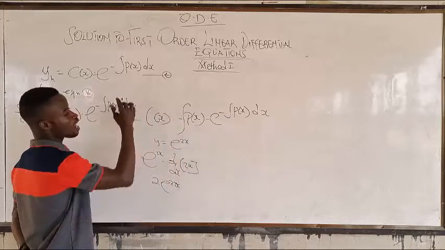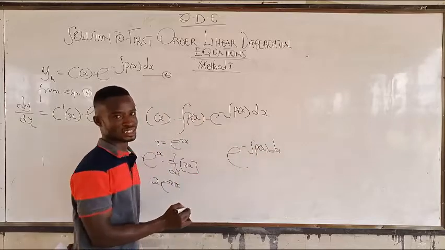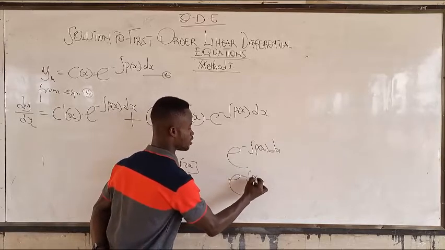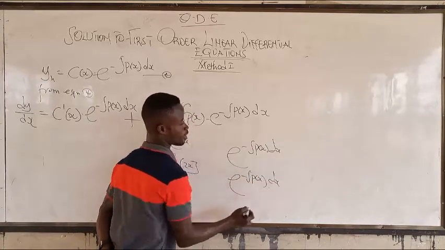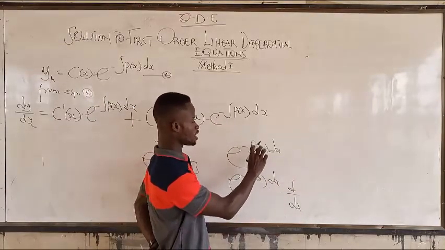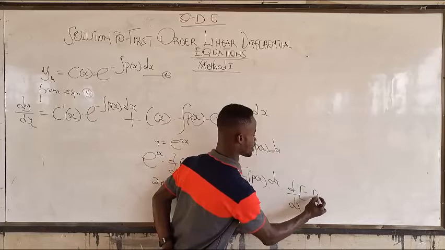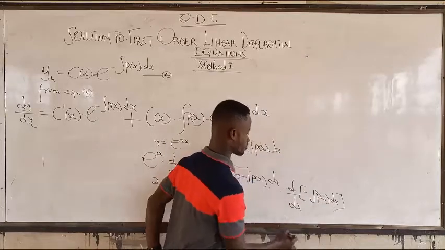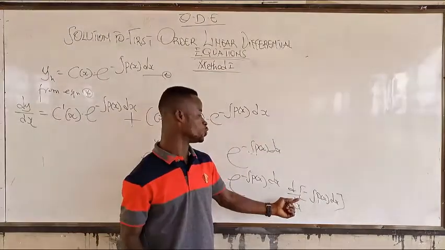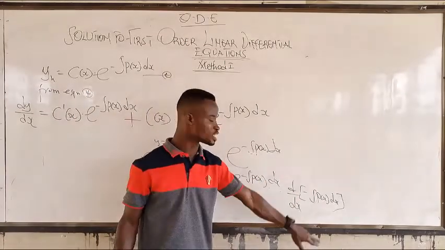Now, having e raised to the power negative integral of p of x dx, I want to take my time to let you understand how. You are going to repeat everything here, but you need to differentiate everything there, and that is negative integral of p of x dx. Now don't forget that if integration can undo differentiation, then differentiation too can undo integration.